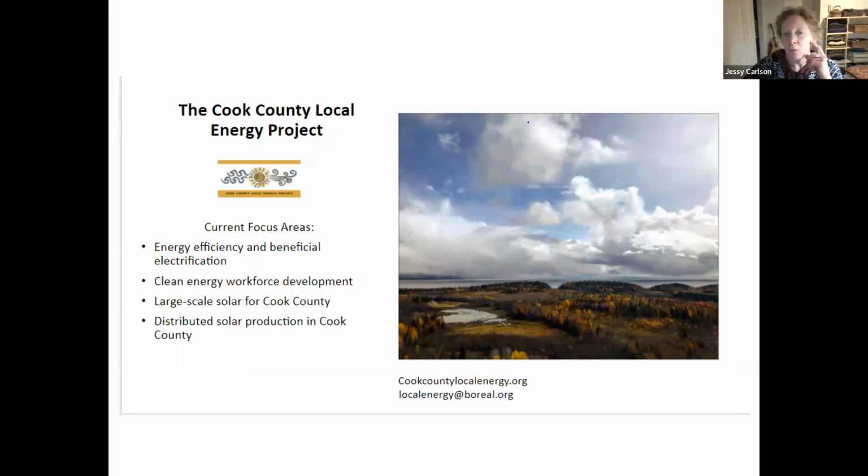So we serve anyone who lives or works in Cook County, whether those are residents or businesses or nonprofits. And the way we do that is by partnering with like-minded organizations or with anyone in the community who's interested in our work.